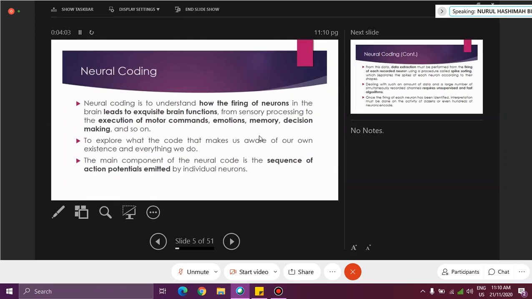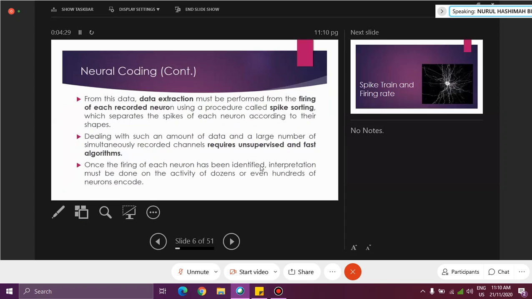So what we look at, we usually measure neural response rather than stimulus. Later you'll see in detail about that. To explore the code that makes us aware of our own existence and everything we do. And the main component of neural code is the sequence of action potentials emitted by individual neurons.